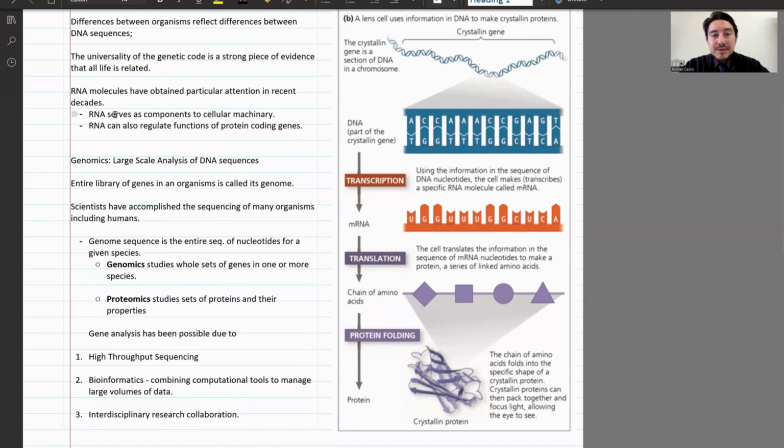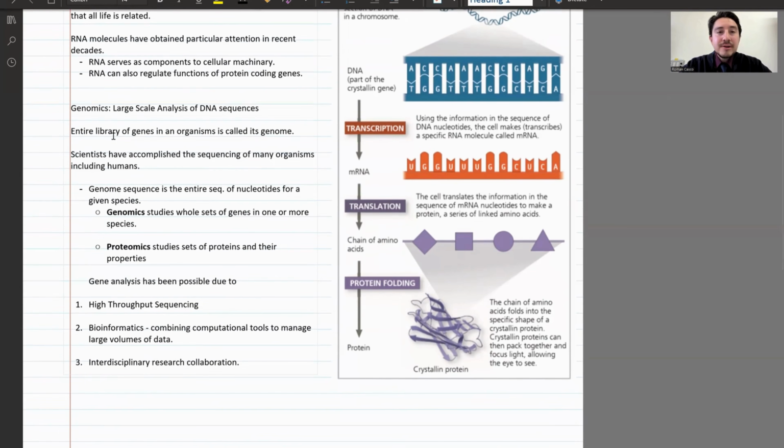So it serves as a component of cellular machinery, but RNA can also regulate a gene encoding for a protein. So it has regulatory functions and structural functions, very critical for gene expression.